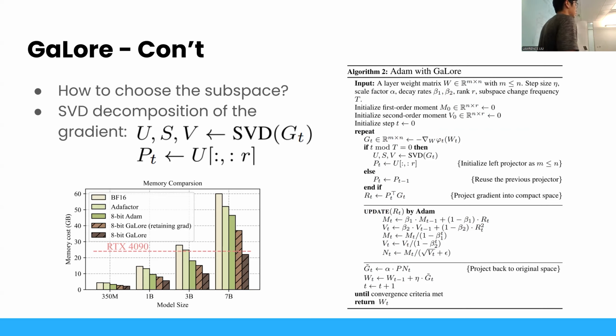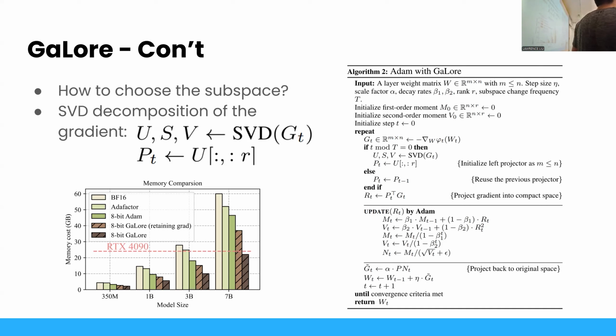So we don't need to keep all the information. The forward pass is still done in full rank. The primary benefit is that Adam is done in low rank.